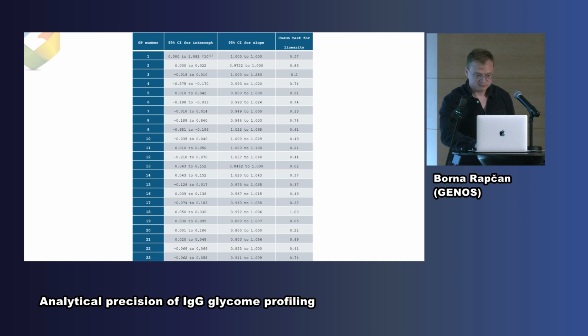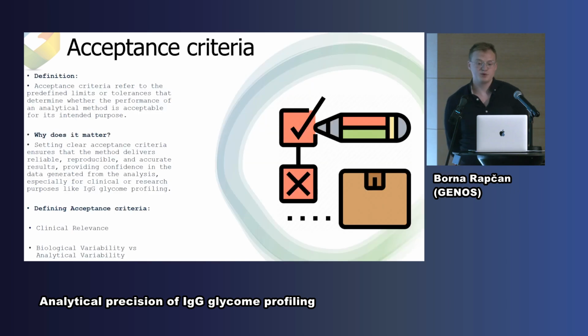Next part would be the next big, important development of this paper: developing acceptance criteria. Acceptance criteria is something that is regularly used in clinical laboratories, not so much in research. Given that the journal we were publishing in was clinically oriented, they asked us to develop acceptance criteria.